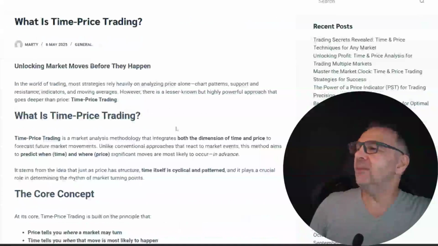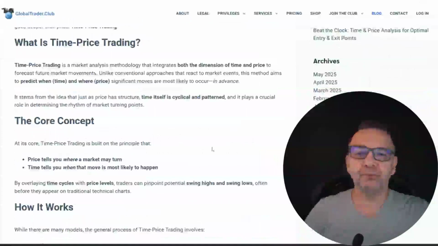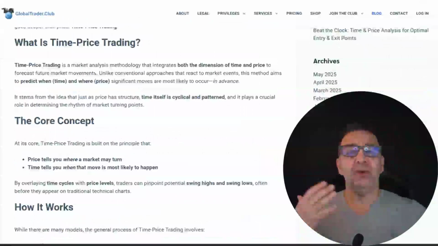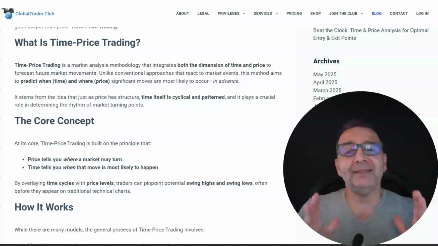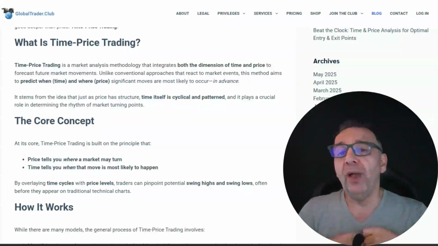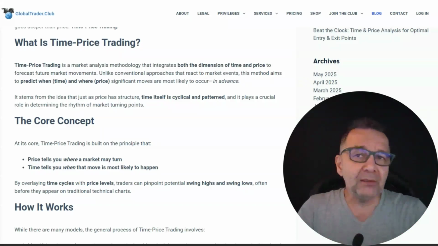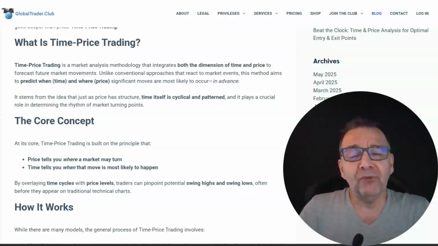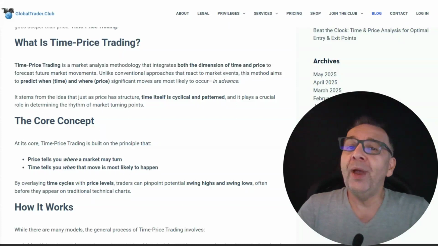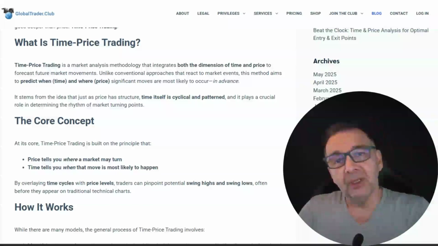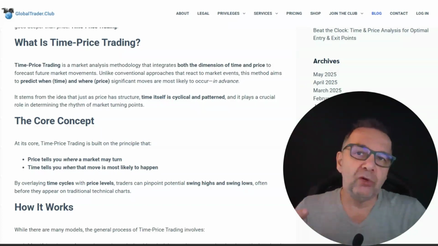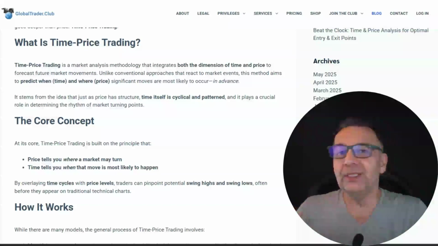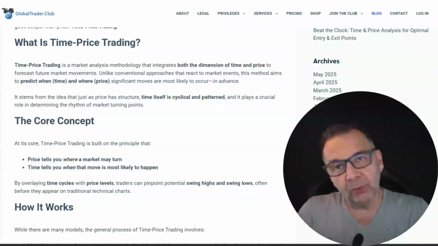So time and price trading is basically understanding that we can calculate price and time beforehand, so we don't have to muck around. With technical analysis, you already know that you can predict price, but when is that likely to happen? Or when it does happen, is it really the right day for the swing, or the right hours for the swing?